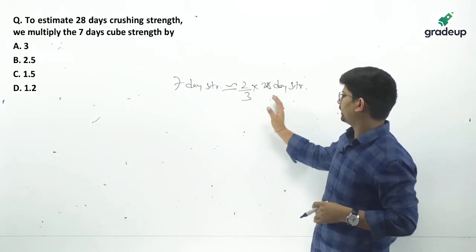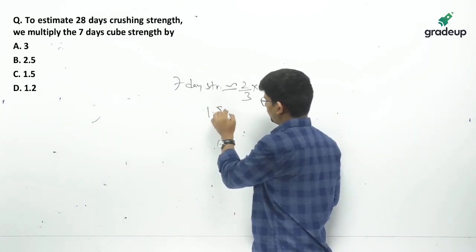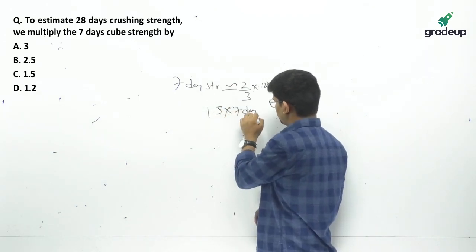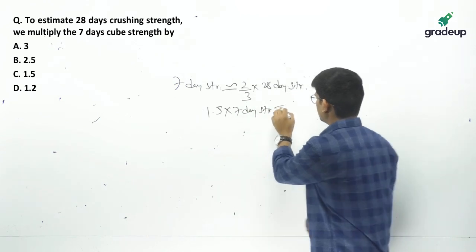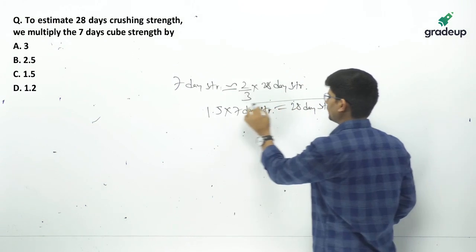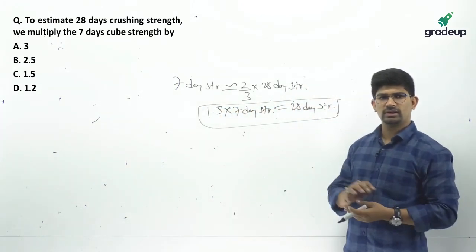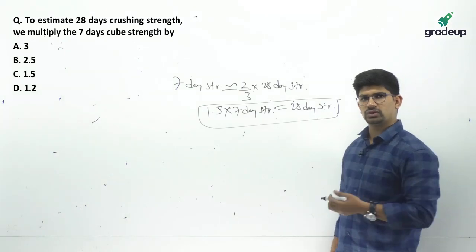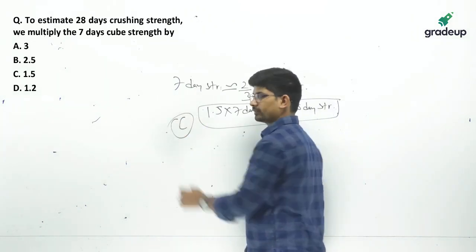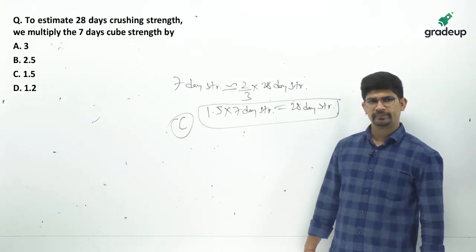Okay, the factor by which the 7 days is to be multiplied will be 1.5 times. 7-day strength will give you 28 days strength. Okay, so these are not absolute ones, but on an approximation these can be said. So the correct option to this question will be C, that is 1.5. 3, 2.5, 1.2 all are incorrect.